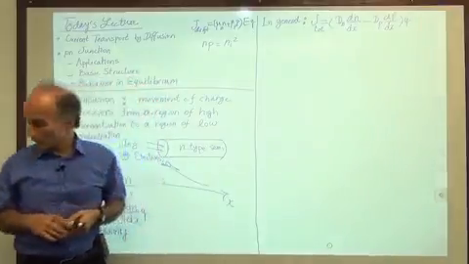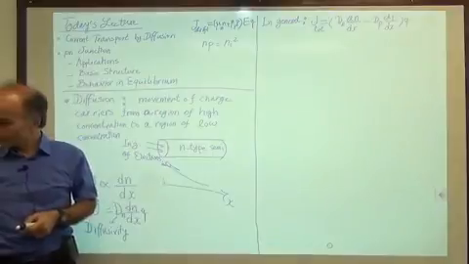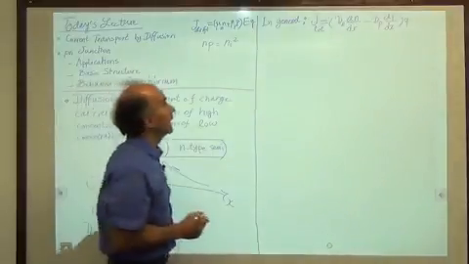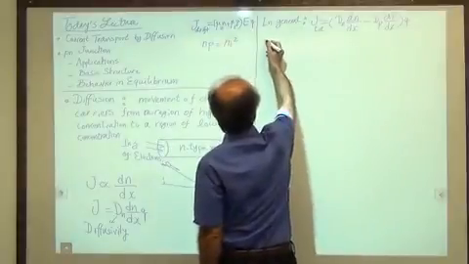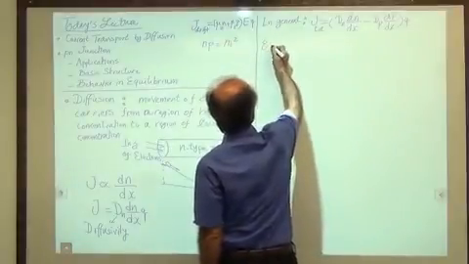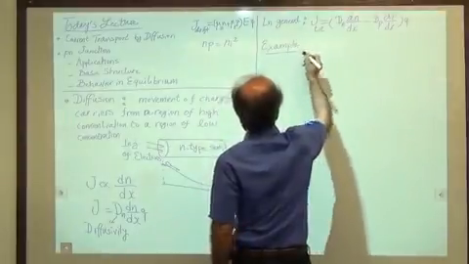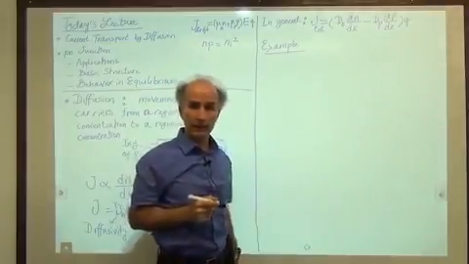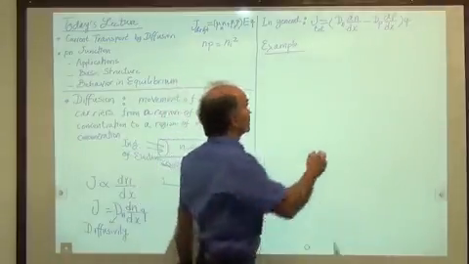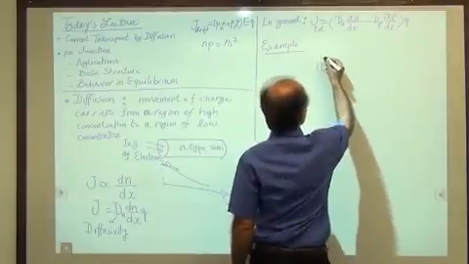Okay, so let's look at a quick example to see how diffusion actually occurs and what consequences we should expect. So I perform an experiment. I take a piece of semiconductor. Let's draw it like this.